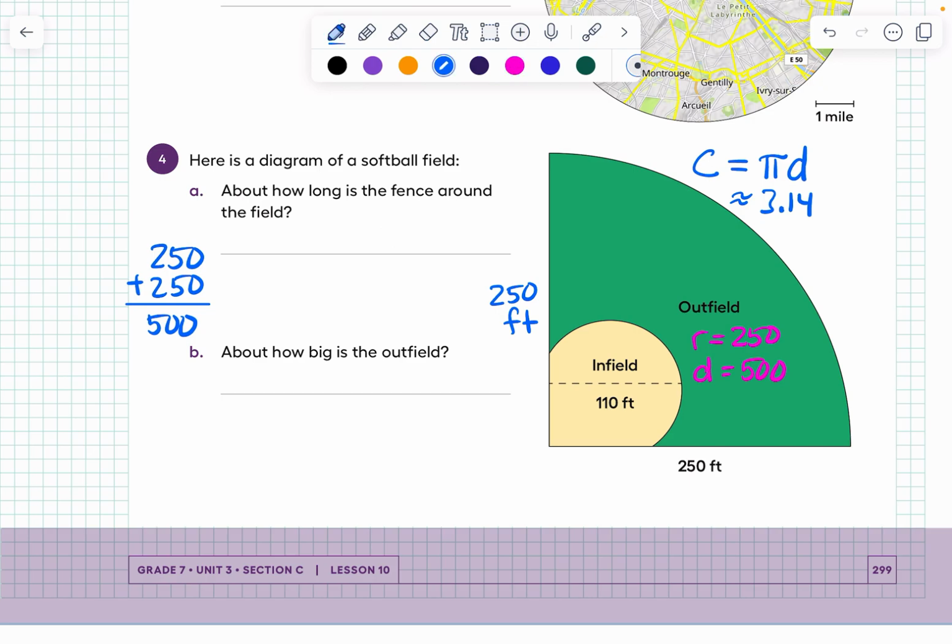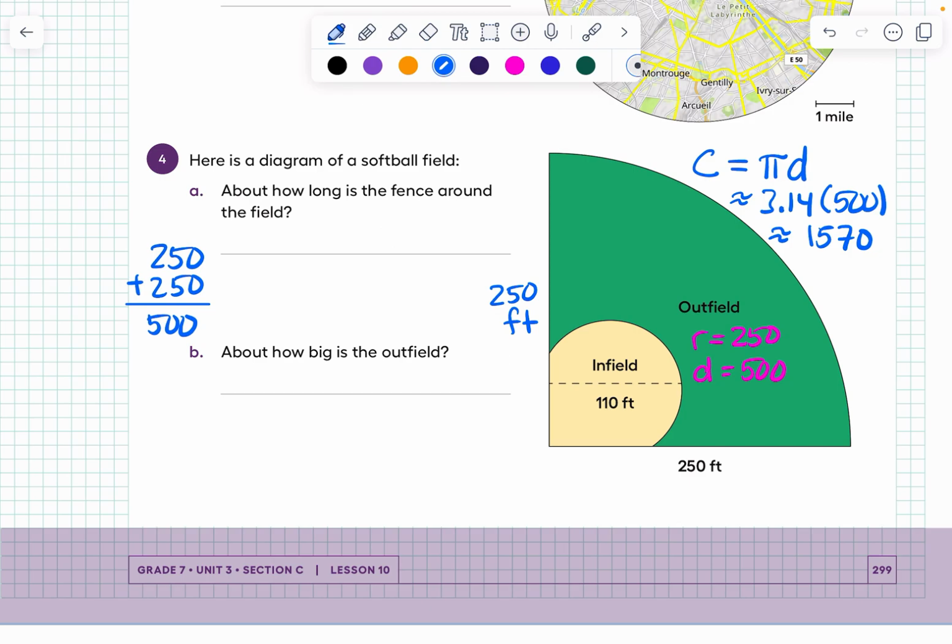So I'm going to substitute 500 times 3.14. 500 times 3.14 is 1,570. Okay. Let me double check on my calculator one more time. 3.14 times 500.